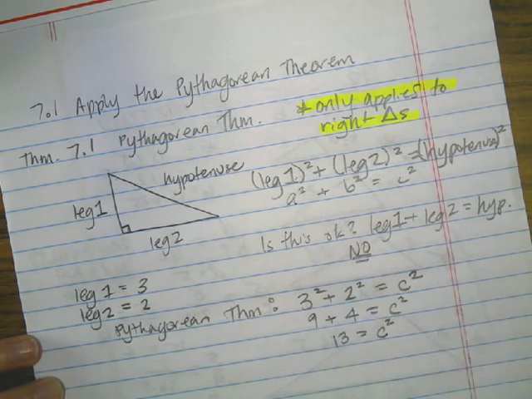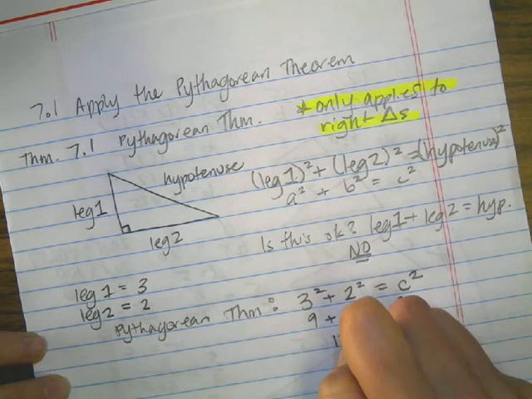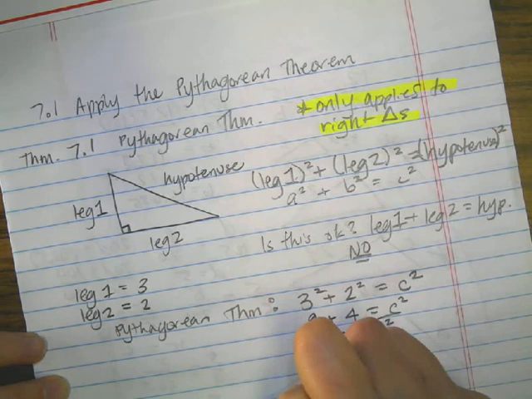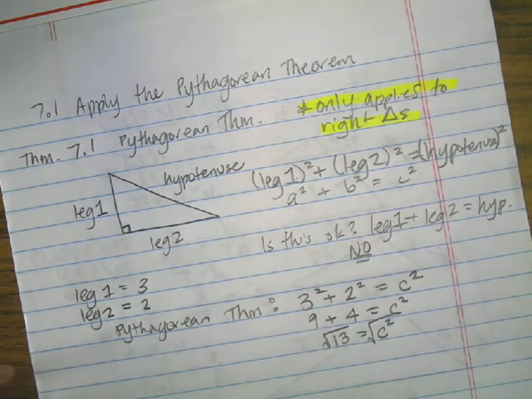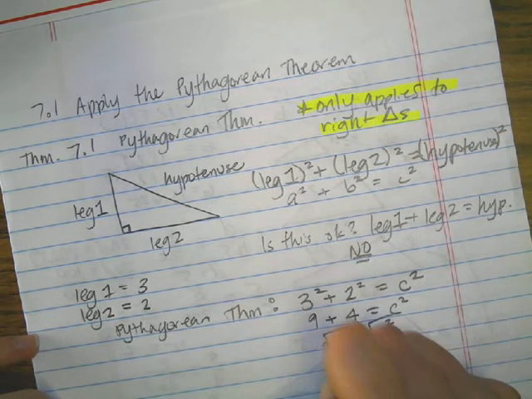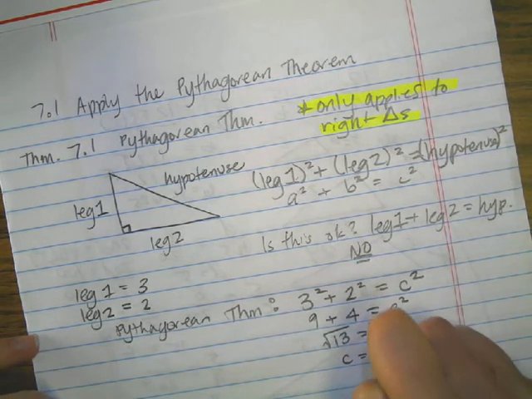And then we'll call this side A. So, we still want to set up the formula in the same way. So A squared, plus the other leg squared, which is 5 squared, equals 12 squared. So then we have A squared plus 25 equals 144.